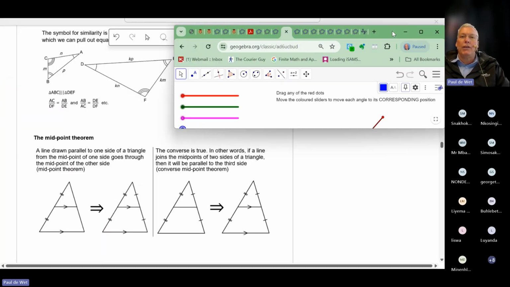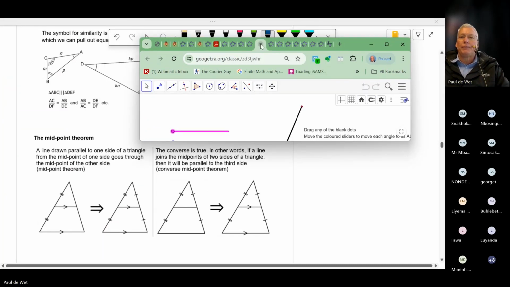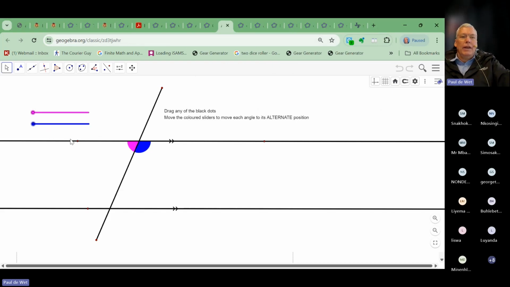Now, we've got these angles over here. Right? These two, this blue angle and this pink angle, they must add to 180. Why? Because they are angles on a straight line. Now, I want to show you, if I move this blue angle and I turn it around, the pink and the blue one are now called co-interior angles.